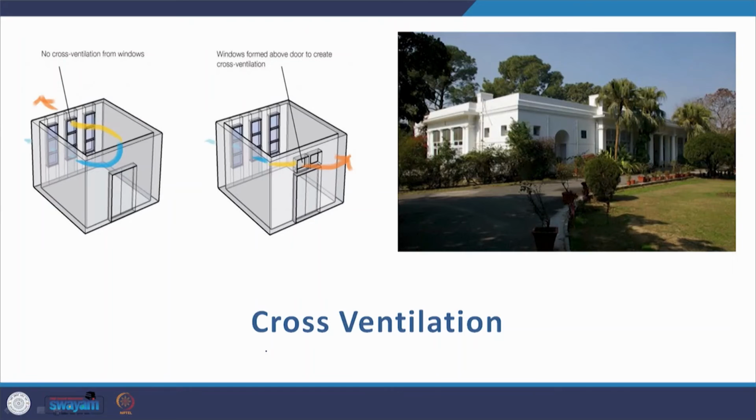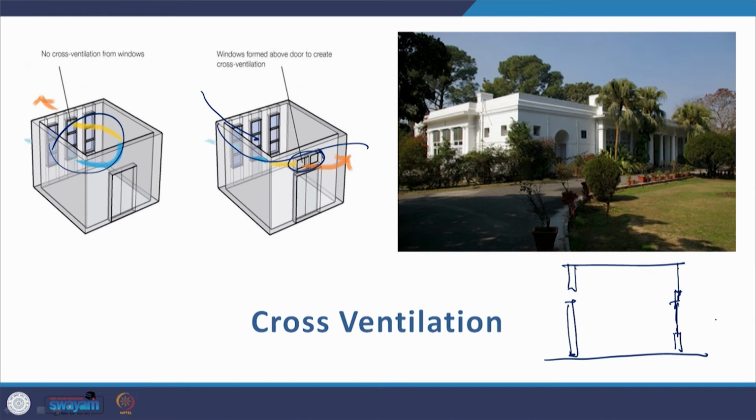So just to talk about cross ventilation, if there is no cross ventilation, this is what happens, the room heats up. What they did was a very simple idea. From the window, air is pulled in and there are ventilators provided above the door, for example, and the air pushes out. Now what happens in a cross section? If you have a ventilator here and you have a window here, the wind comes in and goes like this.